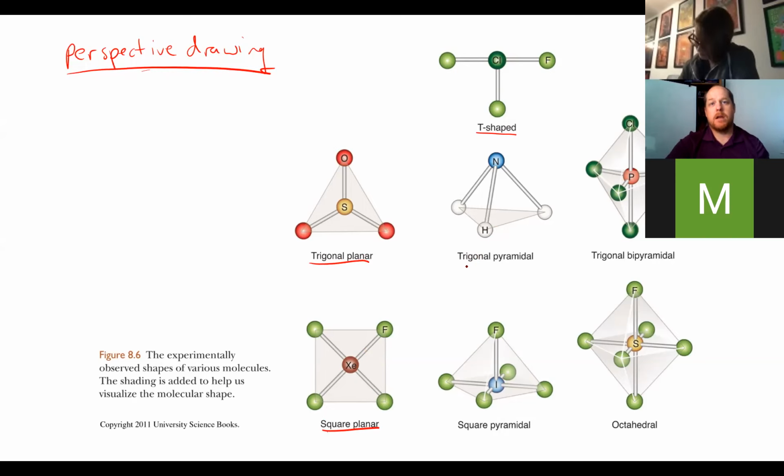We'll get to that. But when we start to get shapes that are three-dimensional, trigonal pyramidal, trigonal bipyramidal, square pyramidal, octahedral, tetrahedral is another, right? Those are all going to be three-dimensional molecules that we're representing in two dimensions. And so we're going to use perspective drawing to illustrate that.